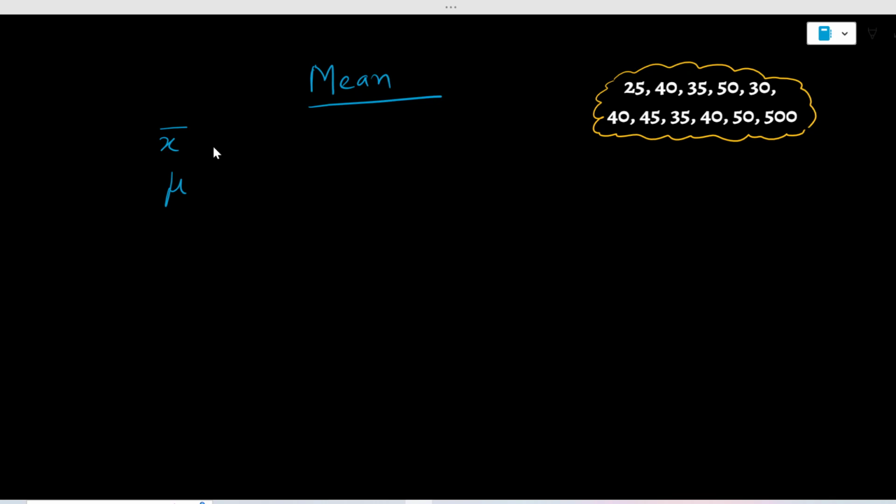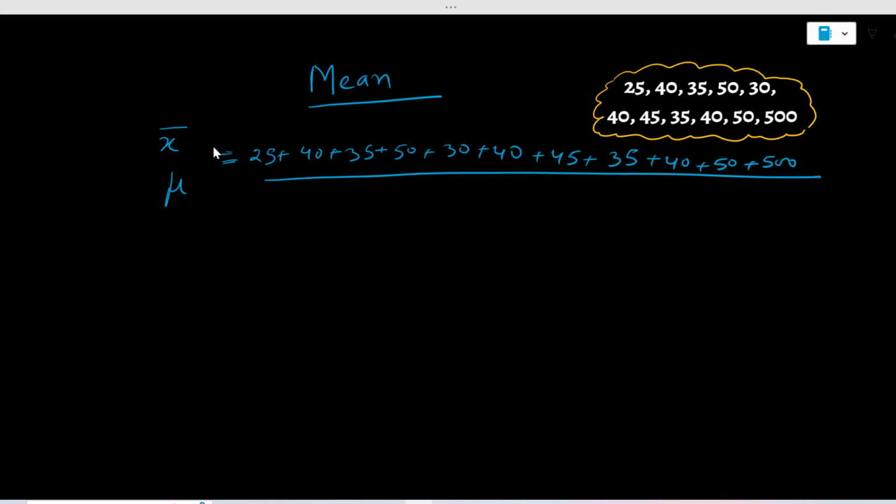In case of sample, it is indicated by the notation x bar, and in case of population, it is indicated by the symbol mu, while the formula remains same, which is equal to sum of all the values divided by number of the values.